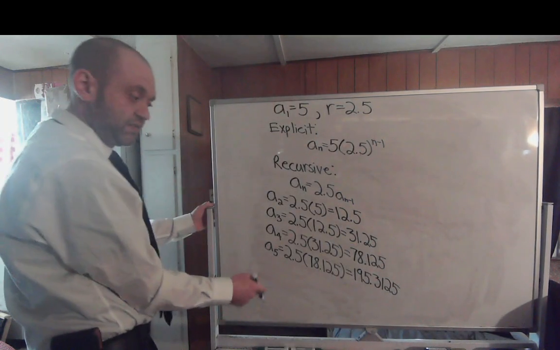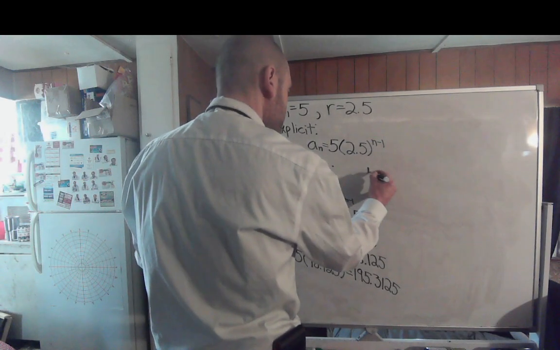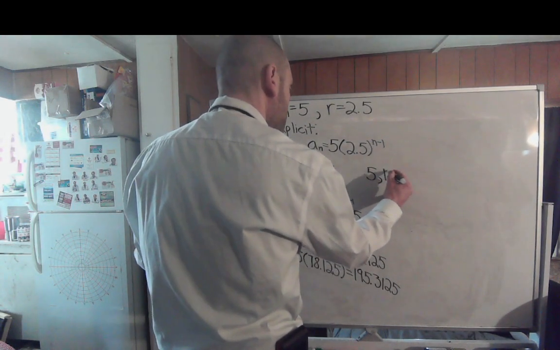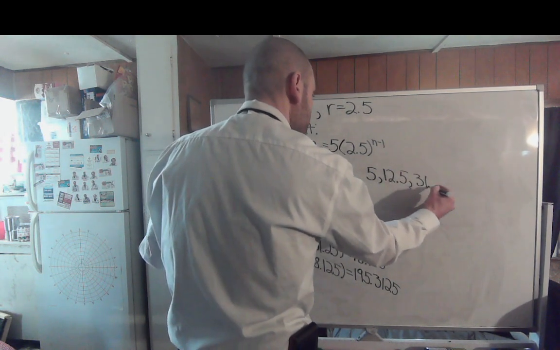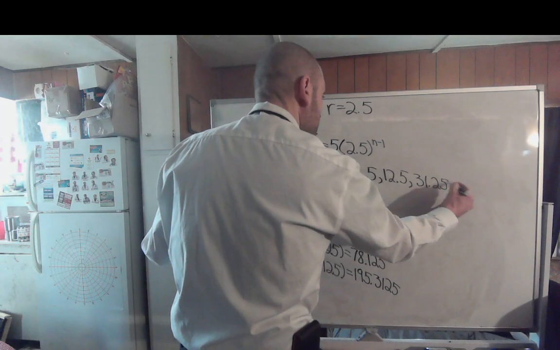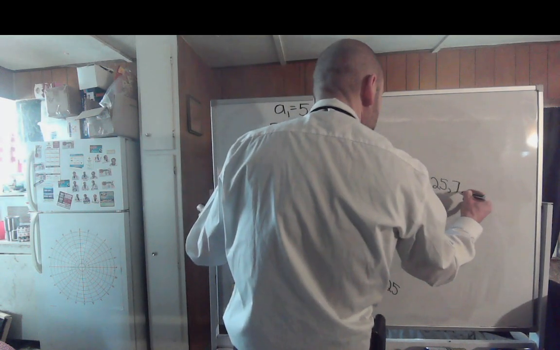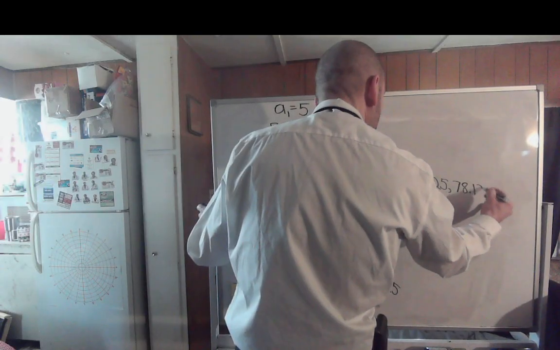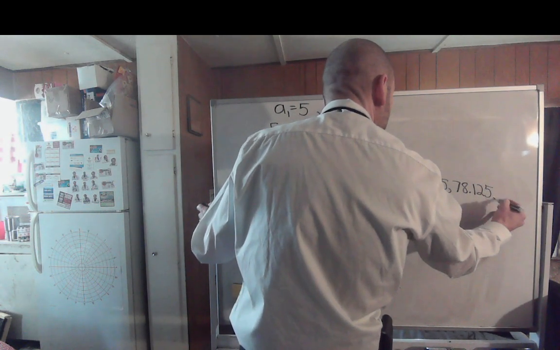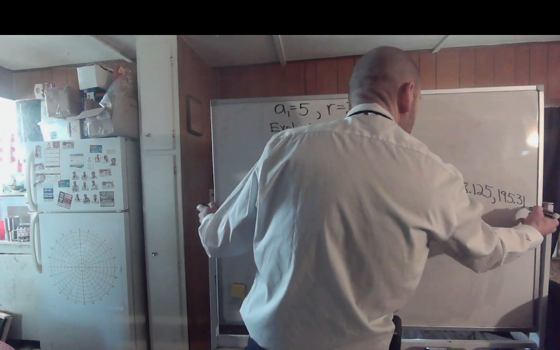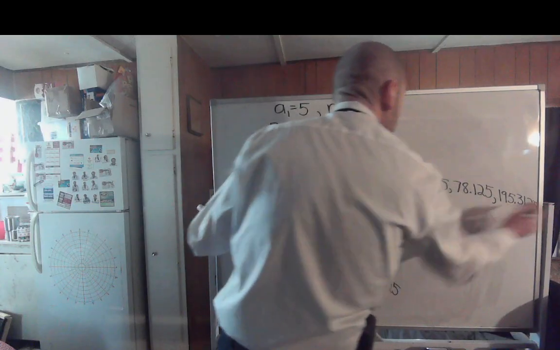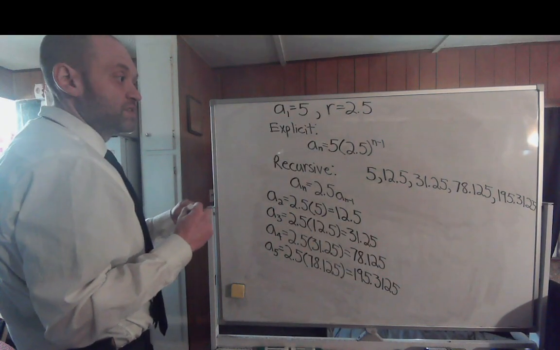So the first 5 terms of the sequence are going to be 5, 12.5, 31.25, 78.125, and 195.3125. Those would be the first 5 terms of the sequence.